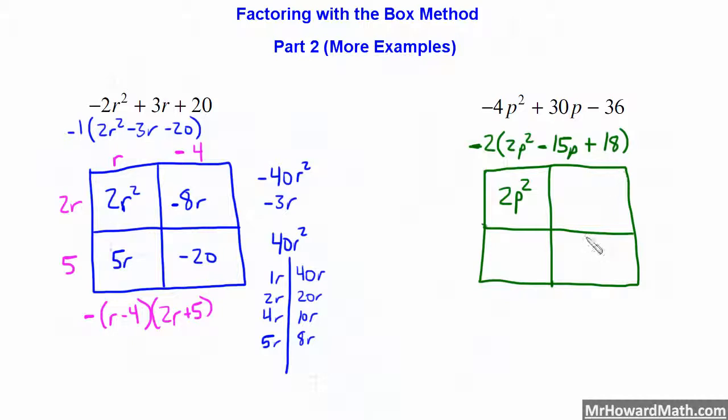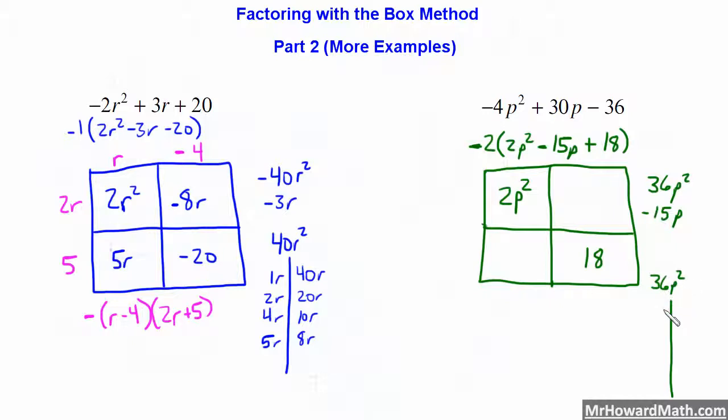The last term, the constant term, goes in the lower right box. Next step, take the product of these two. So that would be a 36p squared. And then our sum needs to be a -15p. So let's make our table here. Put it down here, and we need a 36p squared, and then we'll work with the signs later.